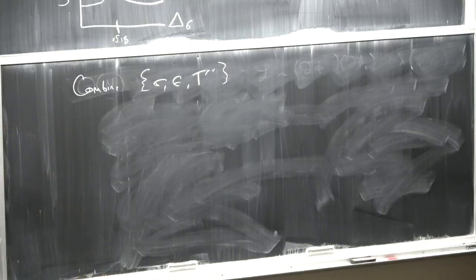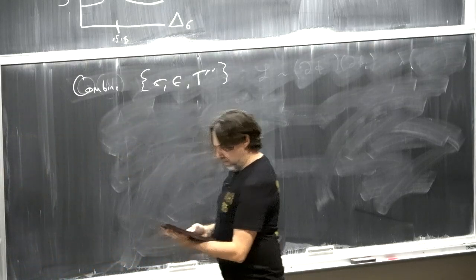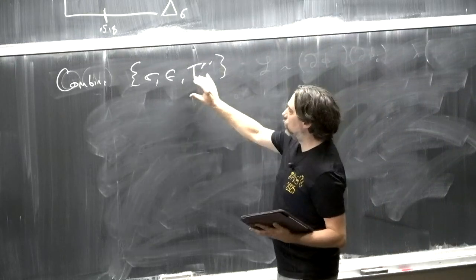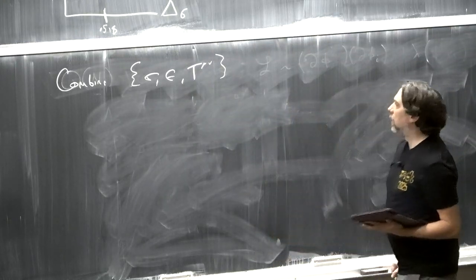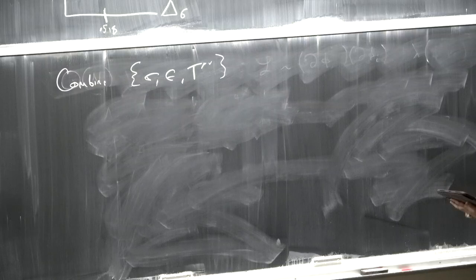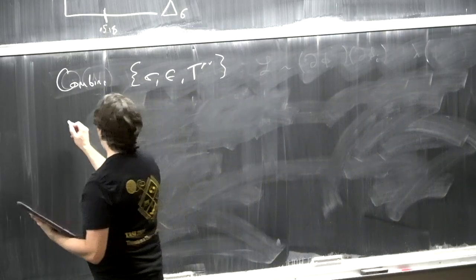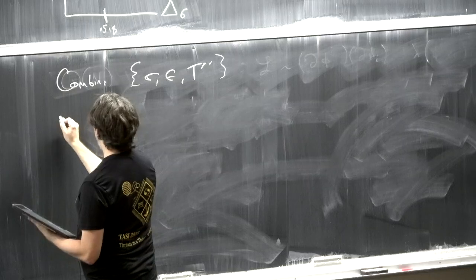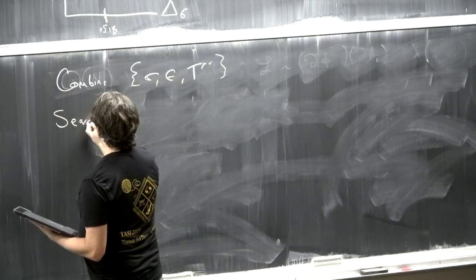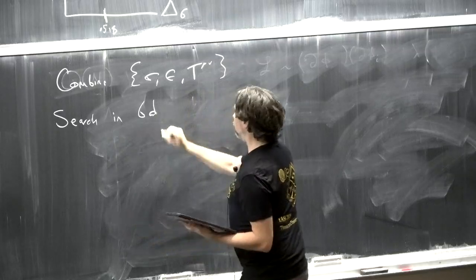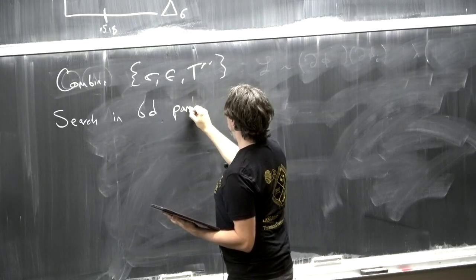It's bigger. There are various OPE coefficients introduced in this system that we can constrain using the Bootstrap. Ultimately, it requires doing a search in a 6-dimensional parameter space.